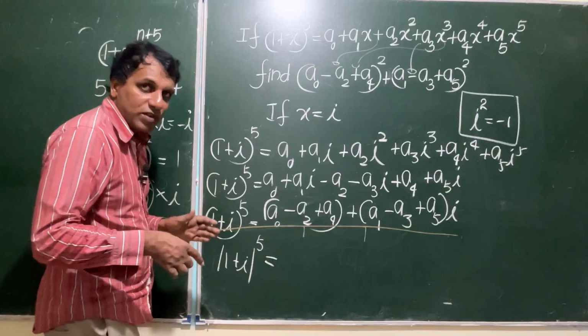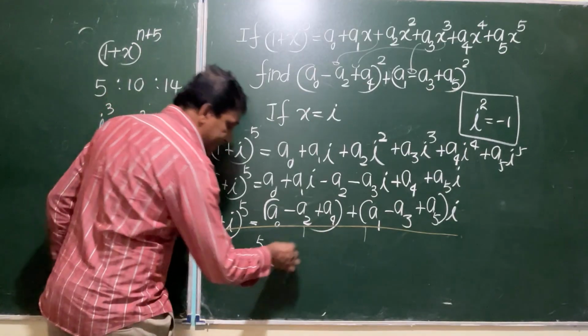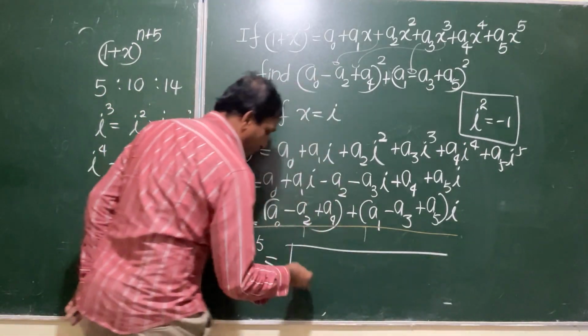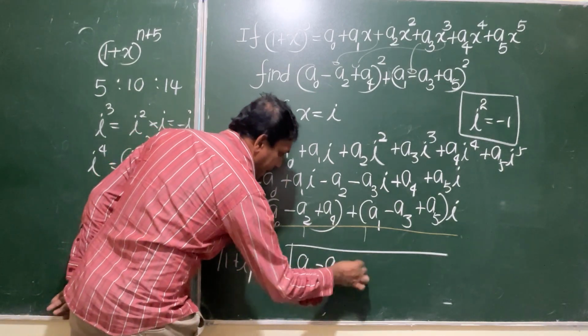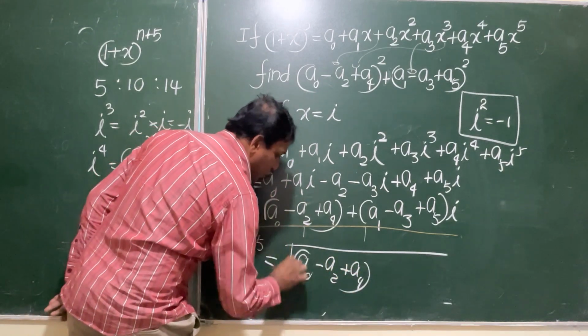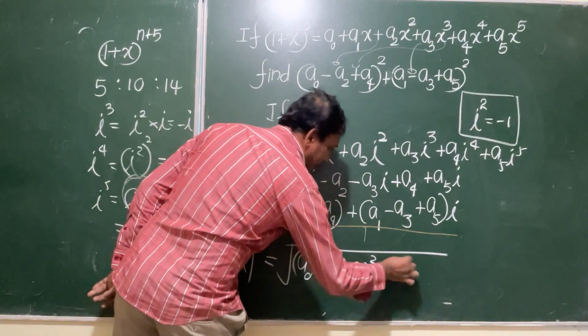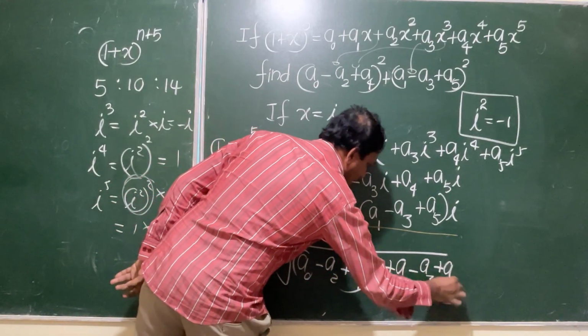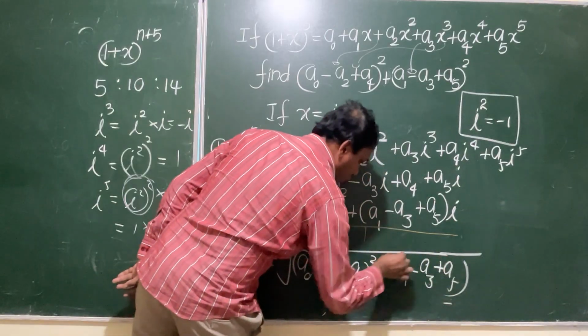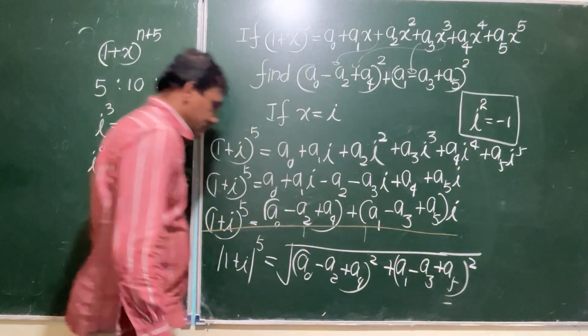The mod of this complex number is the square root of a naught minus a2 plus a4, all squared, plus a1 minus a3 plus a5, all squared.